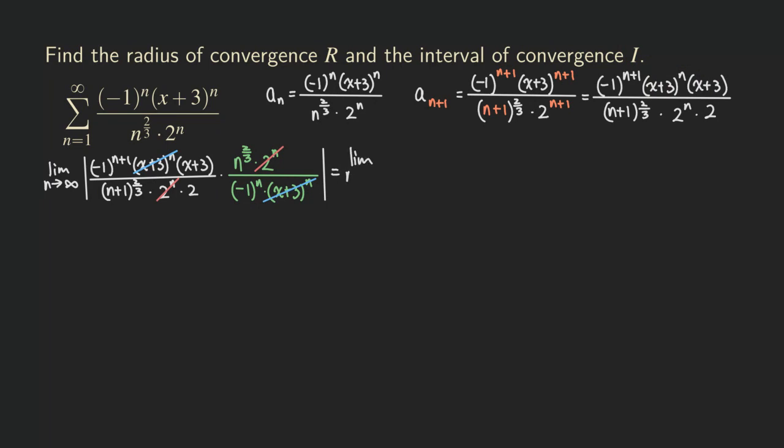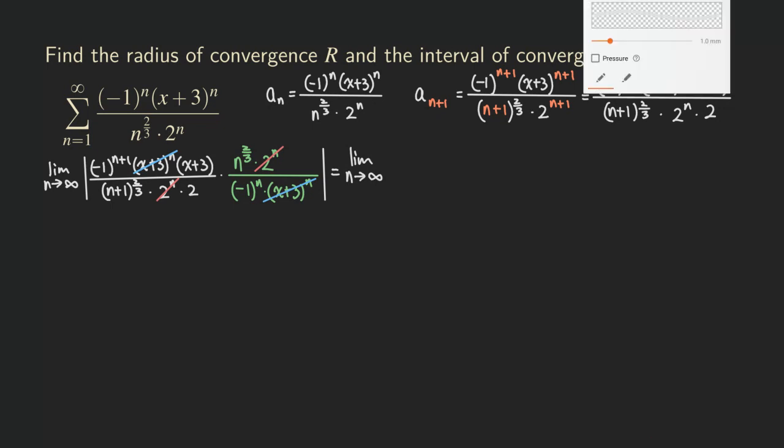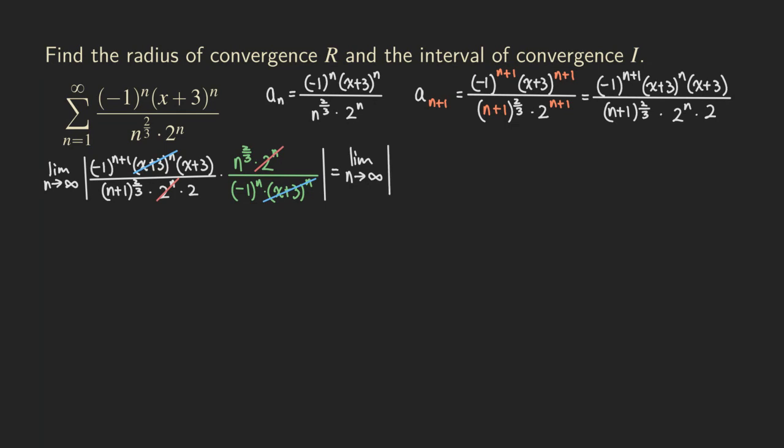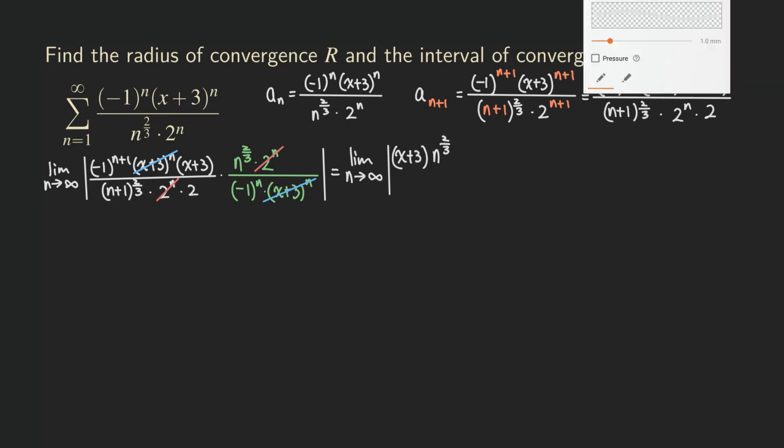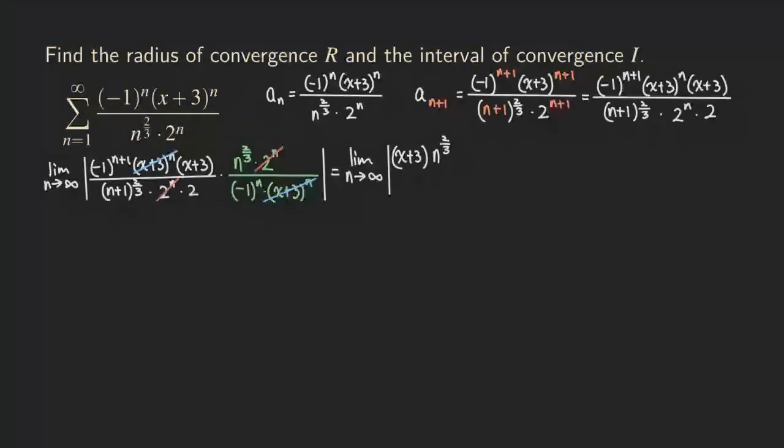So the limit becomes what? In the numerator, we do have that x plus 3, and then the n to the 2 over 3. That's all the stuff that's there. And at the bottom, we get the 2 and then the n plus 1 to the 2 over 3.